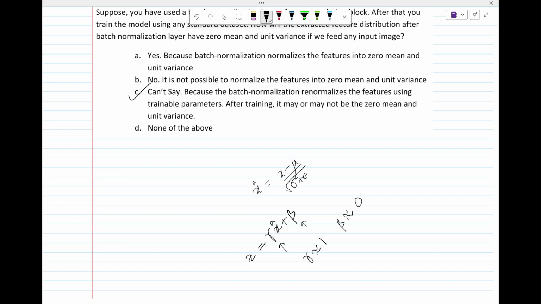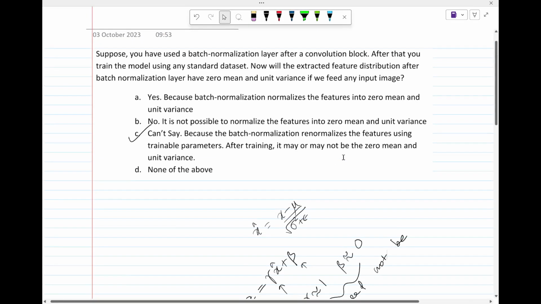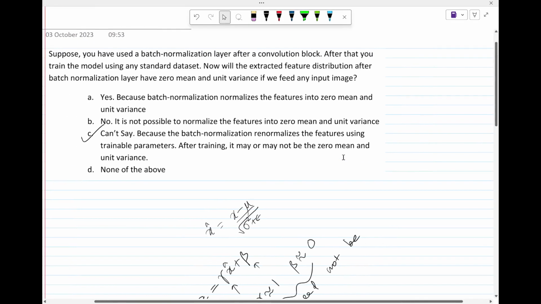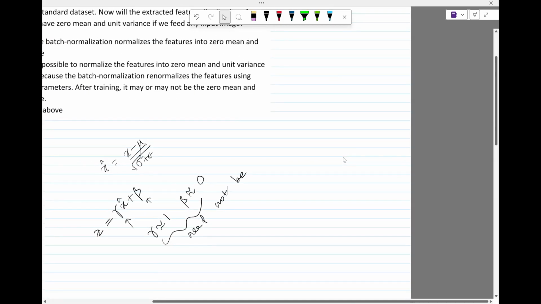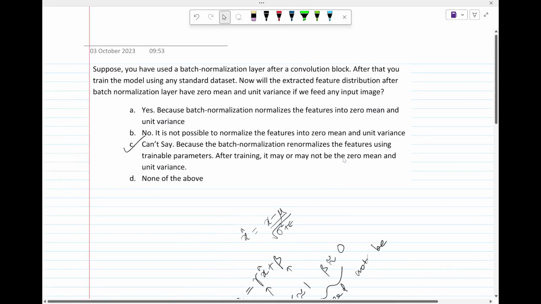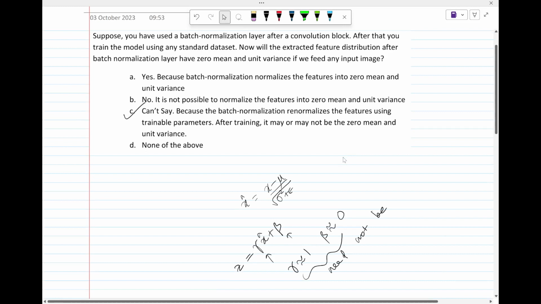It can be anything, depending on what gamma and beta you are learning. I hope this is clear. You just had to know how batch norm is implemented. You normalize and you rescale the normalized value.